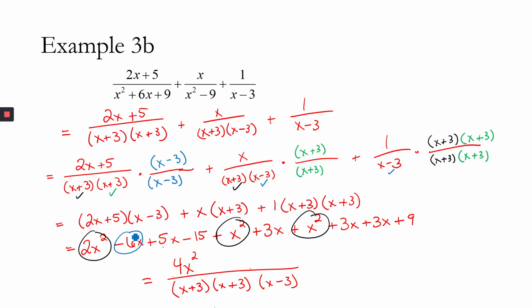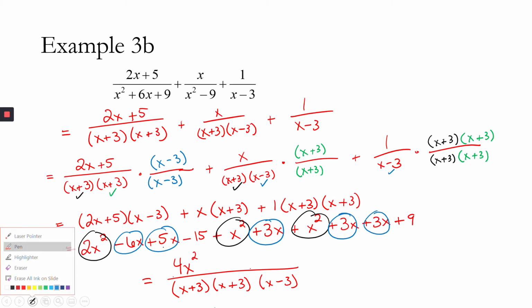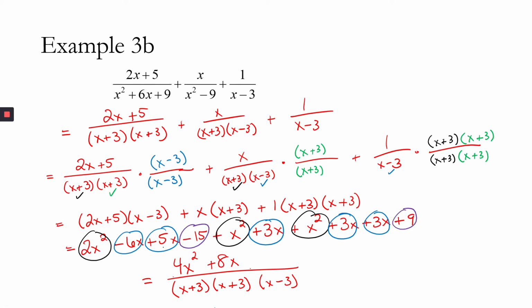I've got negative 6 plus 5, so right now I'm at negative 1. Plus 3, I'm at positive 2. Plus 3, I'm at 5. Plus 3 more, now I'm at 8. And then my constants, negative 15 plus 9, that's going to give me negative 6.